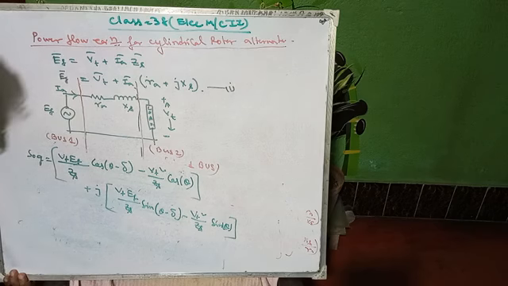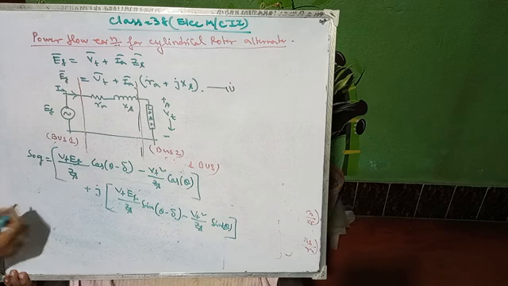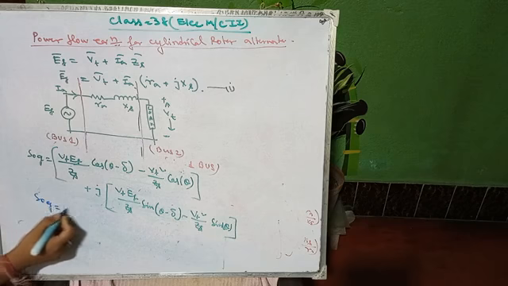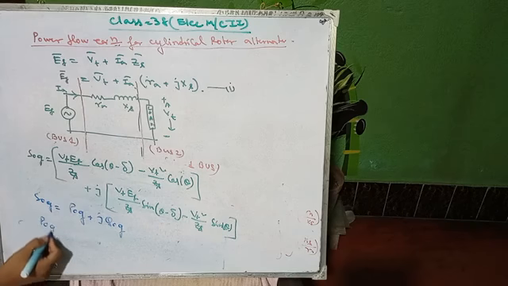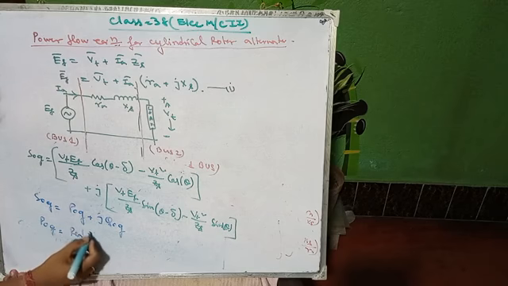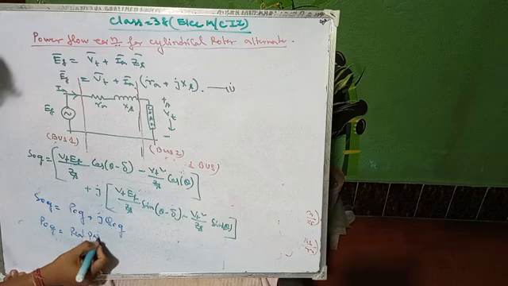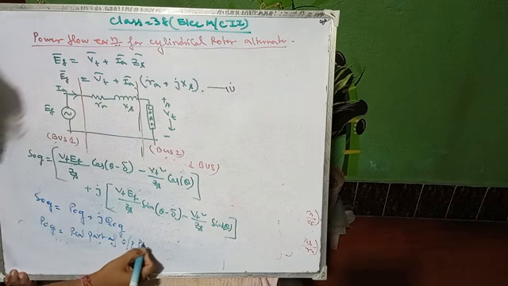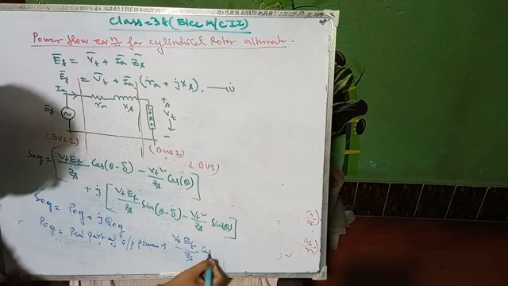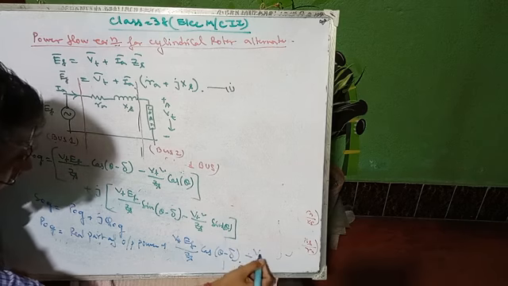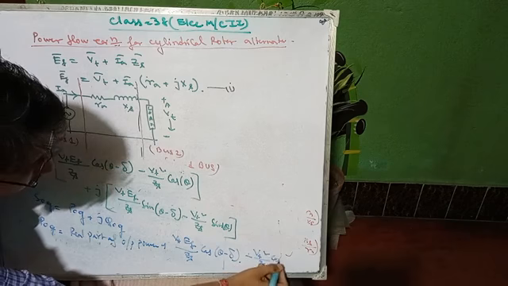I think in your circuit theory subject, this concept will be more prominent. So now comparing, SOG equals POG plus jQOG. By comparing these two, POG equals the real part, or active part, of the output power. So the active part of the output power will be Vt into EF by Zs cos of theta minus delta minus Vt square by Zs cos of theta.